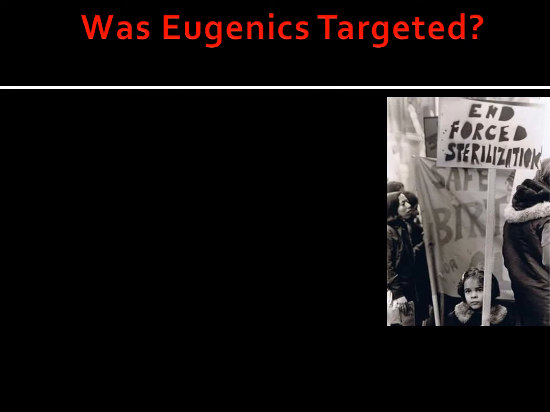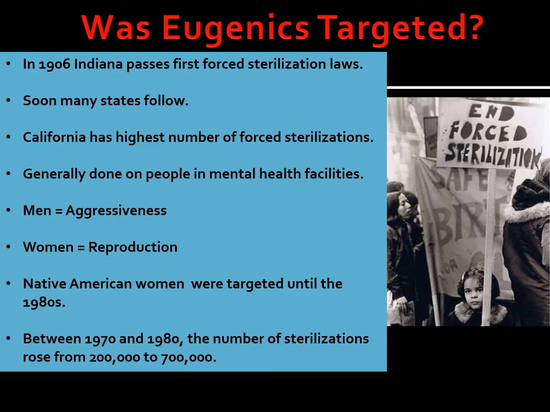The eugenics movement and the corresponding legislation that was passed in many different states was in fact targeted. It tended to disproportionately affect people who were poor as well as people of color. California has the highest number of forced sterilizations that have ever been done, at least nationwide. And generally, it was done on people in mental health facilities.